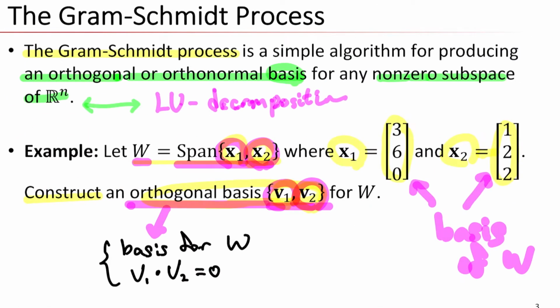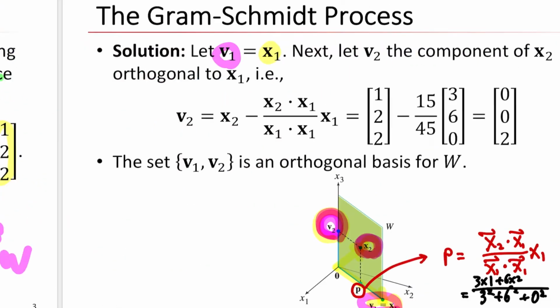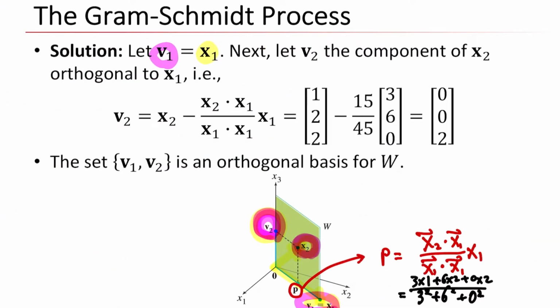And x2 inner product x1 is 3 times 1 plus 6 times 2 and 0 times 2, which would be 0 here, right? So 9 plus 36 is 45, and 3 plus 12 is 15.